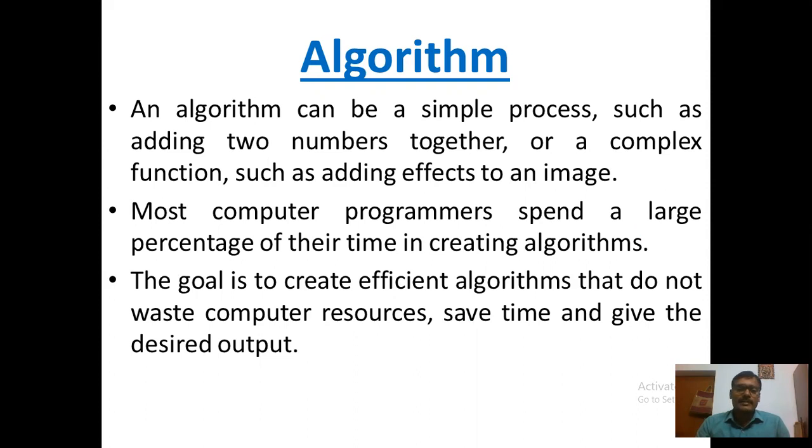Because if their algorithm is correct, their programming is also correct. And if their algorithm is wrong, their programming will be wrong. So in order to create a good program, they have to think over the problem and write the correct algorithm.